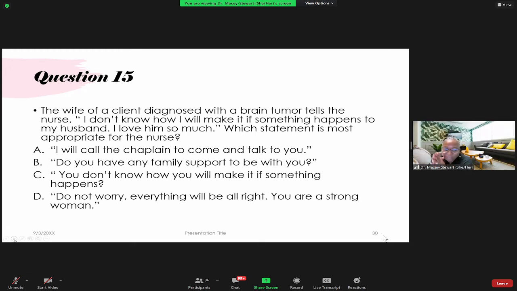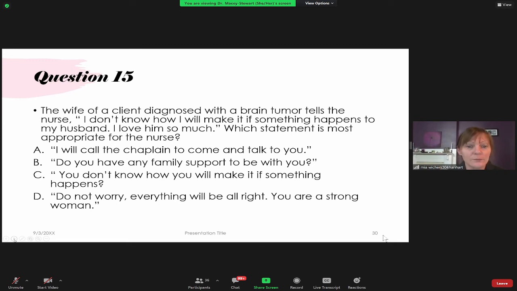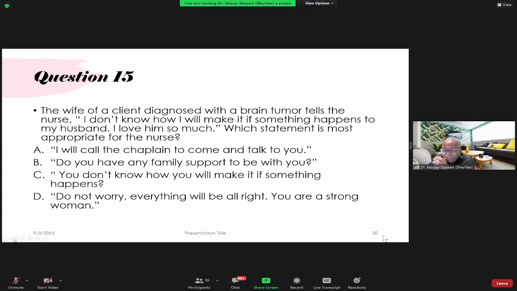So the wife of a client diagnosed with a brain tumor tells you, I don't know how I will make it if something happens to my husband. I love him so much. Which statement is most appropriate for the nurse? I will call the chaplain to come and talk to you. That's kind of like putting them off, no? Do you have any family support to be with you? That's a yes or no answer, right?